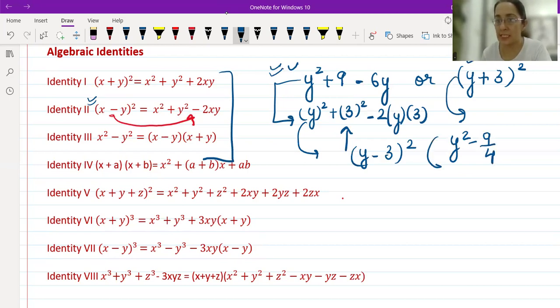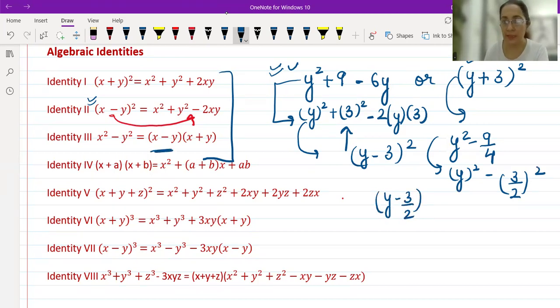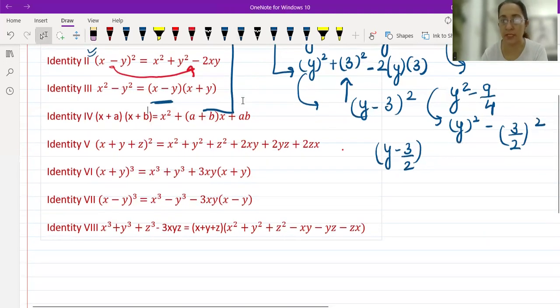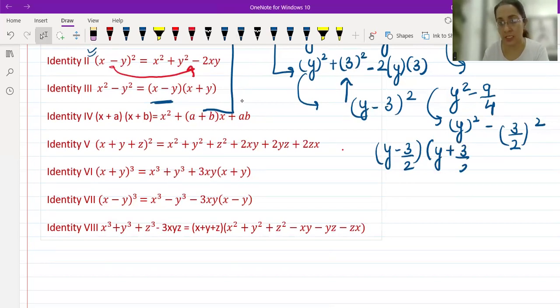If you see this, it is y square minus the square of 3 by 2, which can be further written as (y minus 3 by 2), which is our x minus y, and the other term will be (y plus 3 by 2). So this is how we use the third identity.